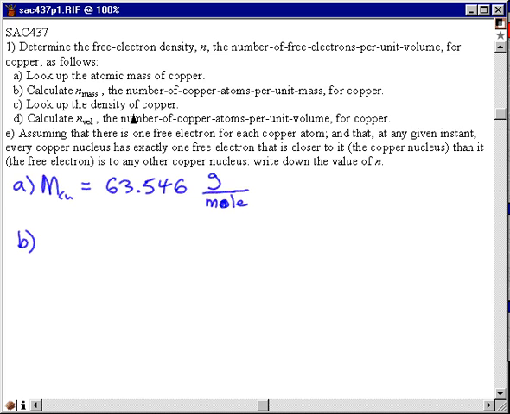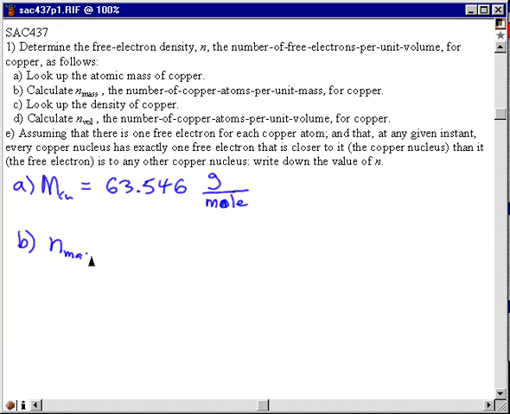And then in part B, we're supposed to get N mass, the number of particles per unit mass, per gram or per kilogram.